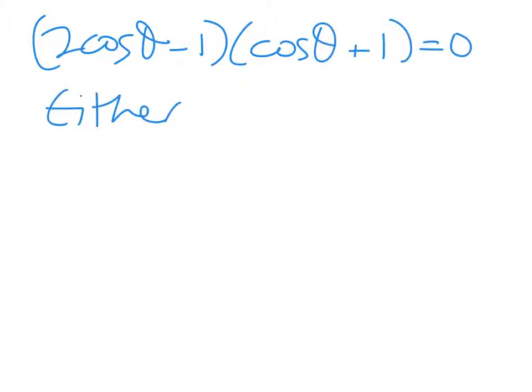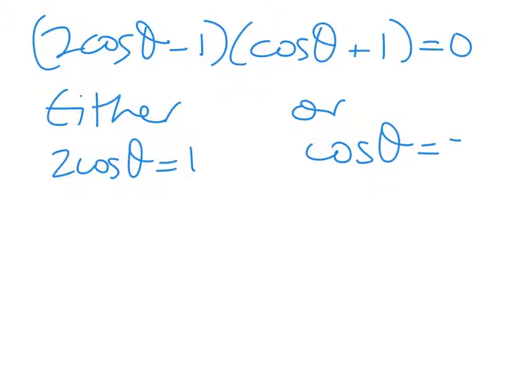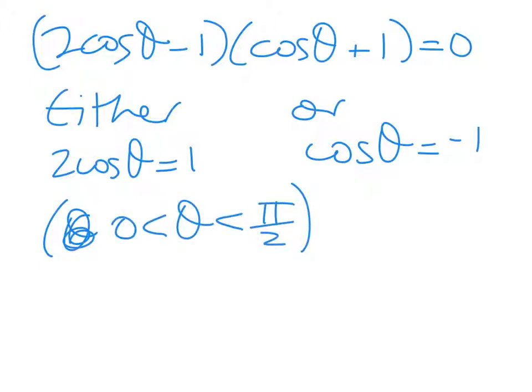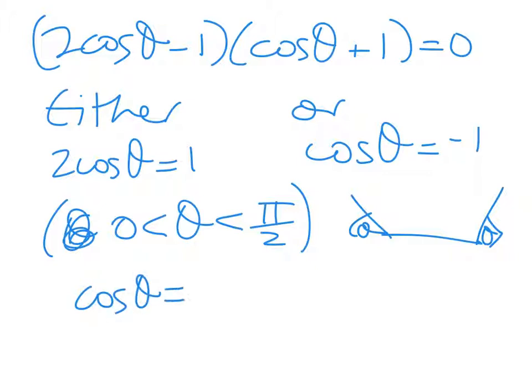Either 2 cos theta equals 1 or cos of theta equals negative 1. Think about what we want though. Theta should be between 0 and pi on 2 for our context, right? Because theta is this angle in here. So when is cos of theta equal to 1/2? Or when is cos of theta equal to negative 1?